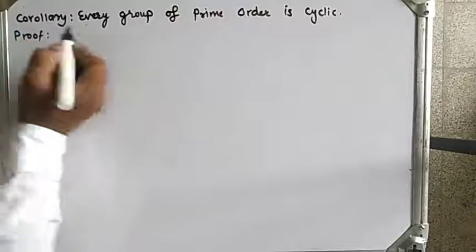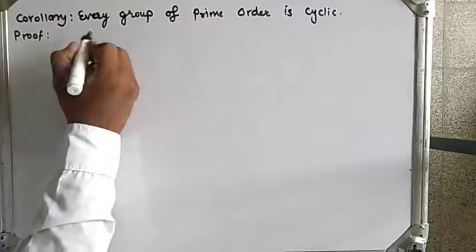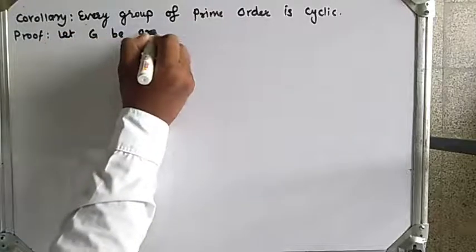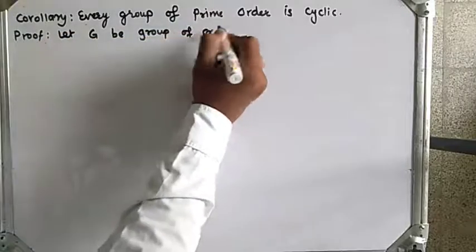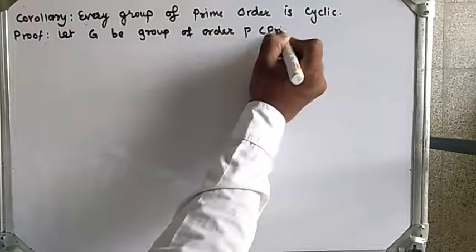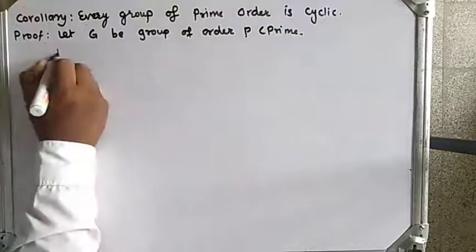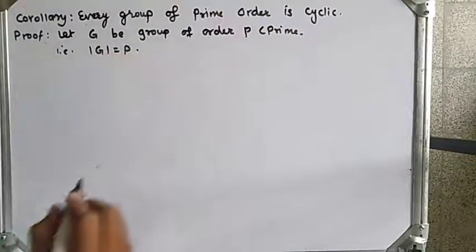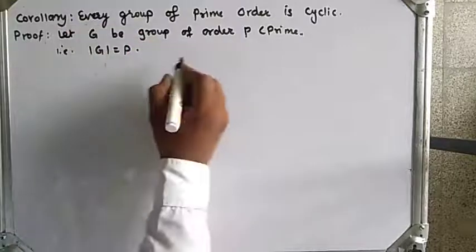Proof. Let G be a group of prime order P. That is, the order of G is equal to P, and let A be an element of G different from identity.